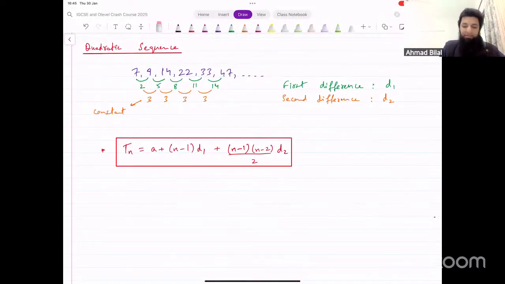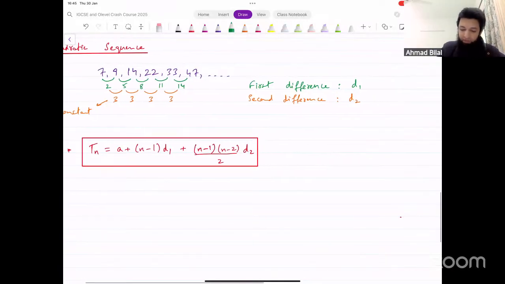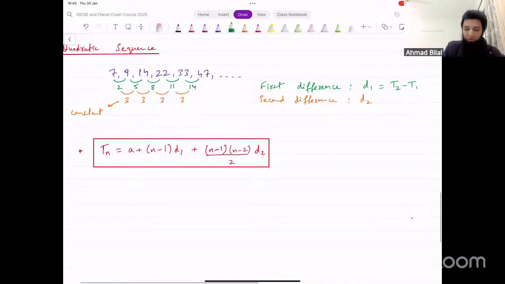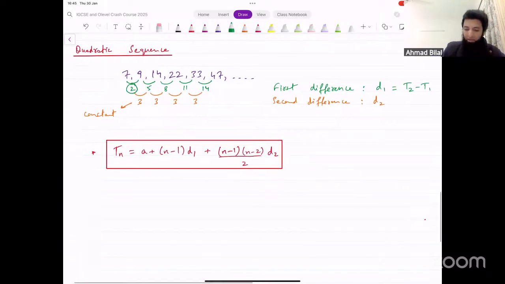Since it's changing, it's like 2, 5, 8, 11, 14. It's constantly changing. We basically use the first difference as just t2 minus t1. So the first difference is going to be the difference between the first two values. That's what we use here. Okay. For the second difference, since it's constant, we can take any of these values. We can just say that's 3.